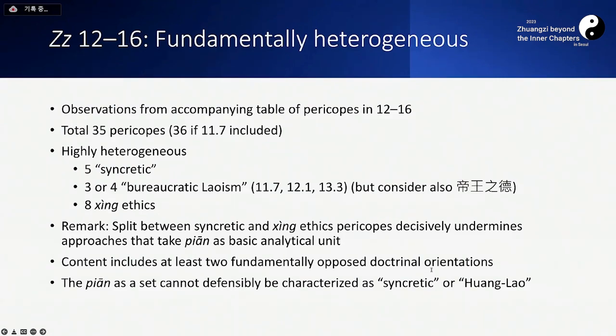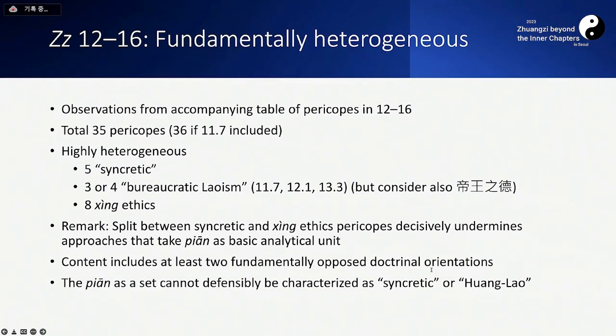Because these 8 reject mainstream ethical values such as benevolence, they contrast really sharply with the pericopes expressing syncretic views, right? So syncretic views affirm the value of benevolence and righteousness and so on, and the Xing discourse rejects it.